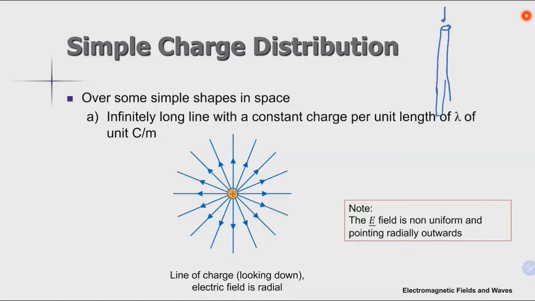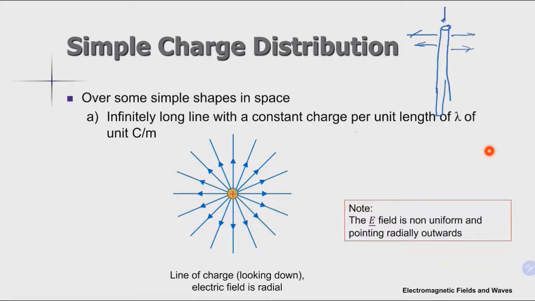We know that the electric field is going to point radially away from the line. And if you look from the top, it will be in all directions, again radially from the cylinder. That is the charge distribution for an infinitely long line of constant charge.